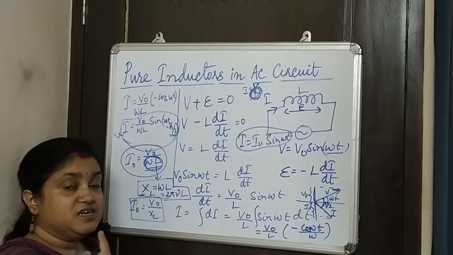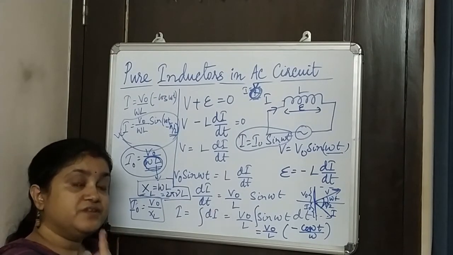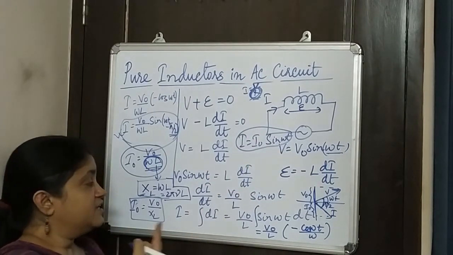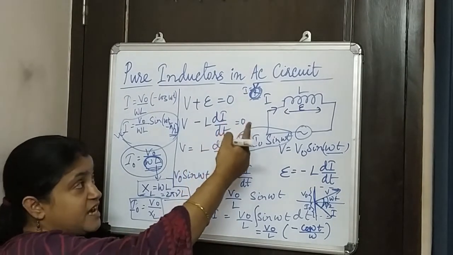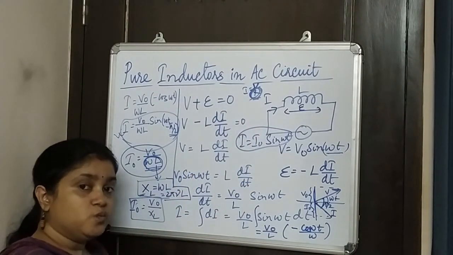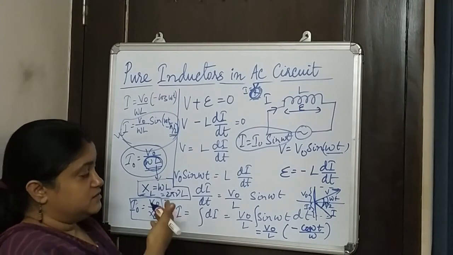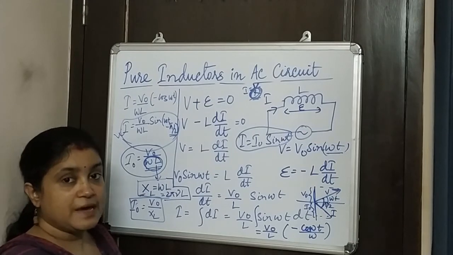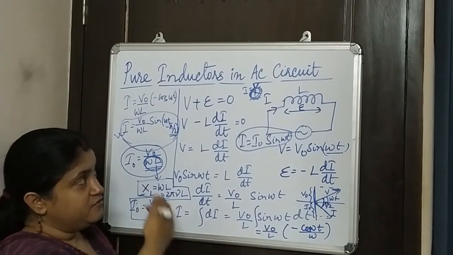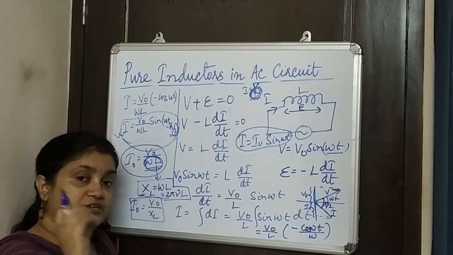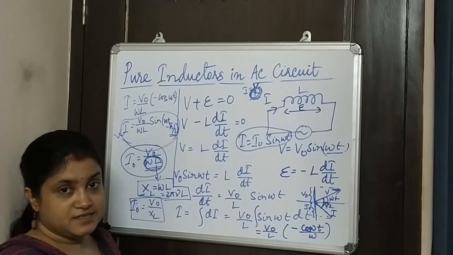When the voltage frequency is very high, the reactance would be very high, and therefore the peak value of the current would reduce. This is also a very important thing that we'll see how we apply in future applications. And this is the analysis of an inductor when we are using it in an AC circuit.